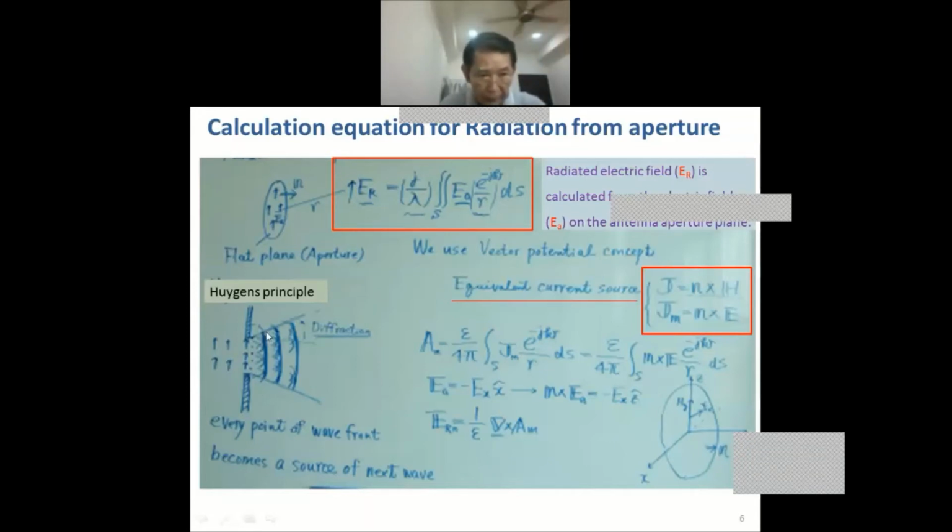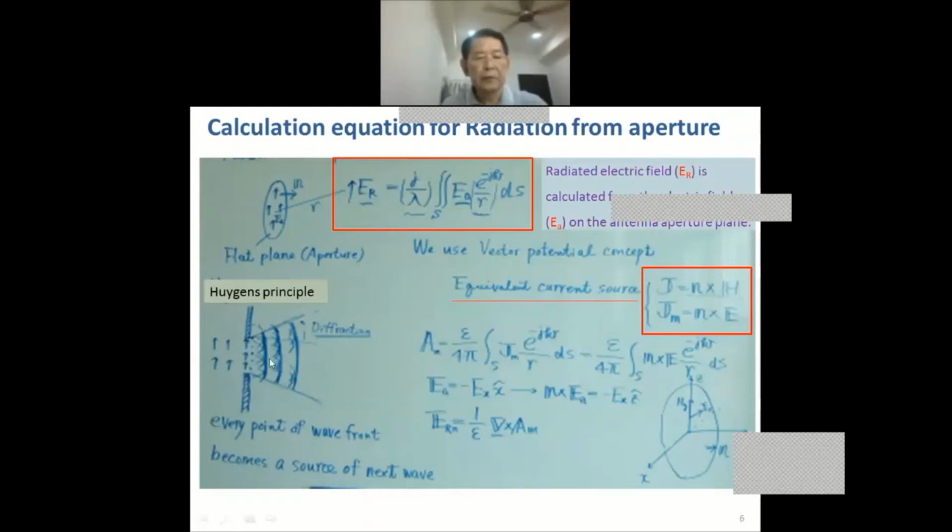And next, all these points become a source, then the next wavefront becomes like this. So we can understand this open place becomes a source of radiation. This is called Huygens principle.